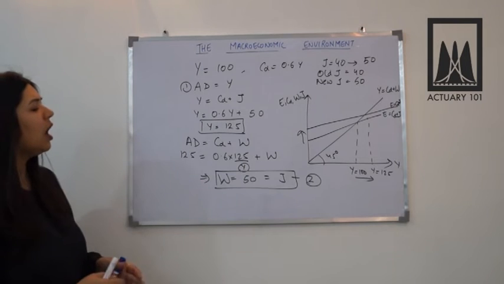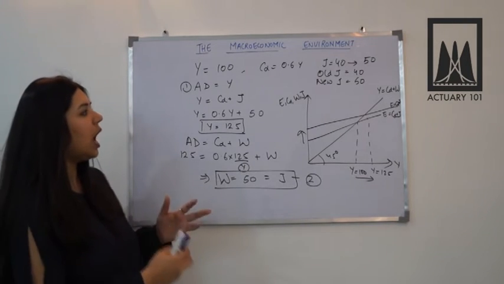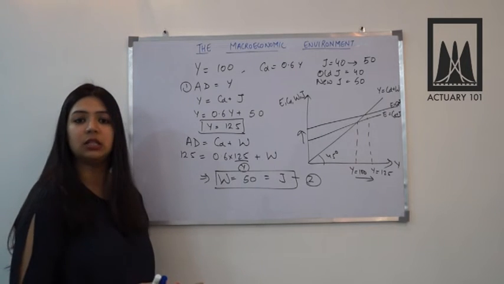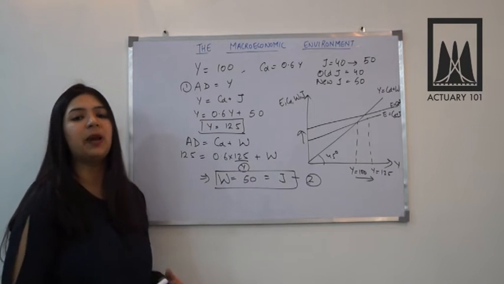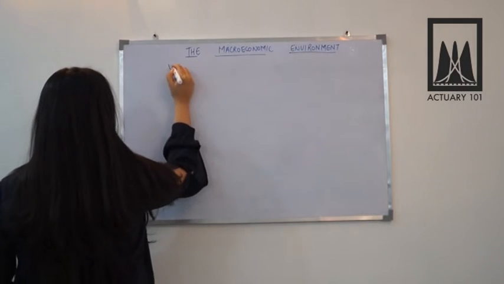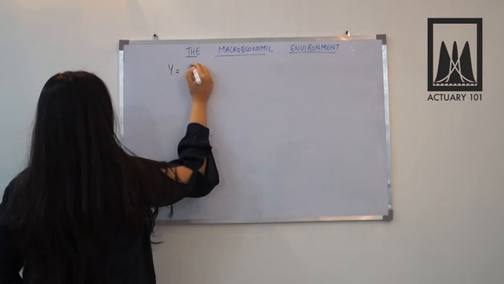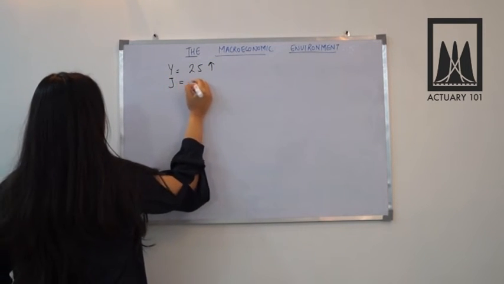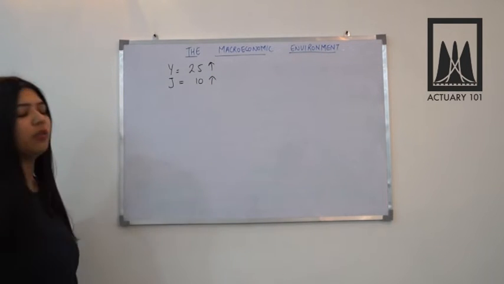Now let's look at how consumption is impacted with the change in national income, and how we get the multiplier effect. In the previous example, we've seen that Y was increasing by 25 when J was increasing by 10, right?